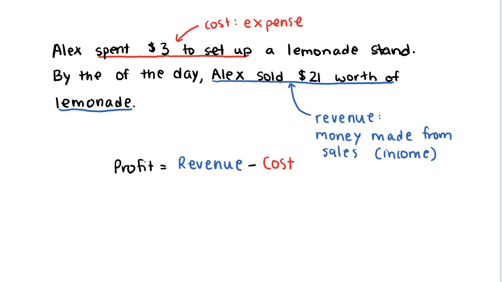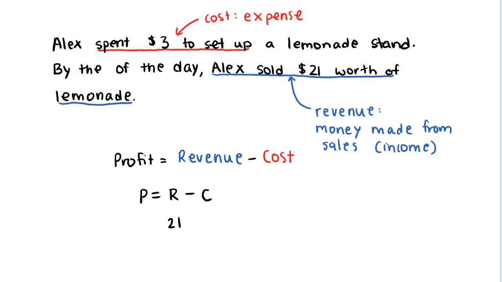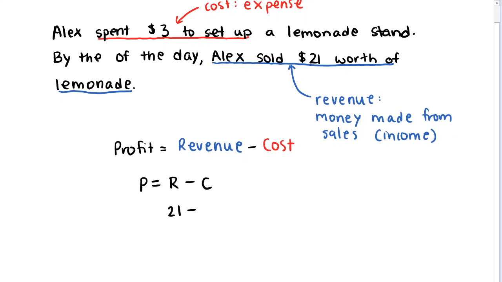If we use letters to represent profit, revenue, and cost, we might say that P is equal to R minus C. In this example, Alex had a $21 revenue and a $3 cost, and so they had a profit of $18.